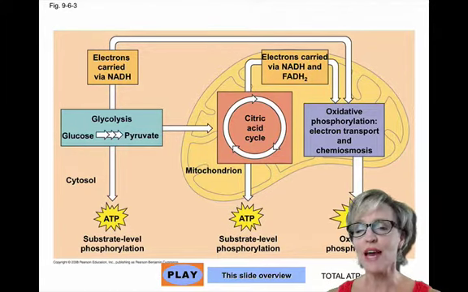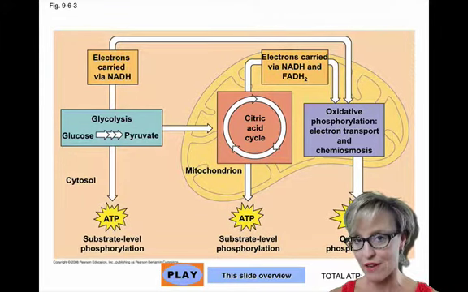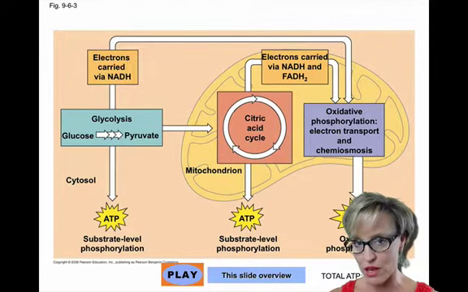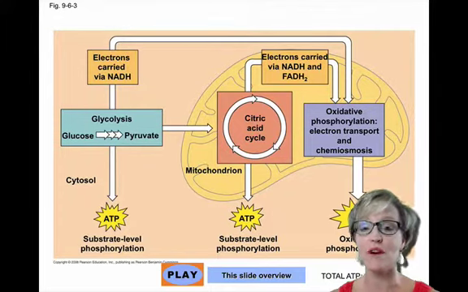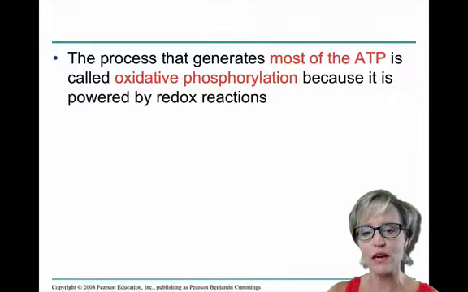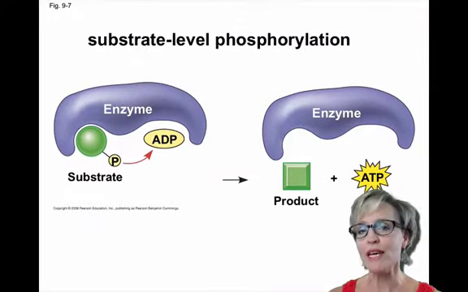Now, notice the ATP below the glycolysis and below the citric acid cycle. It says that they are substrate level phosphorylation. We haven't really discussed that yet, but today I want to compare that to the oxidative phosphorylation step. The substrate level phosphorylation will be accomplished by using an enzyme.